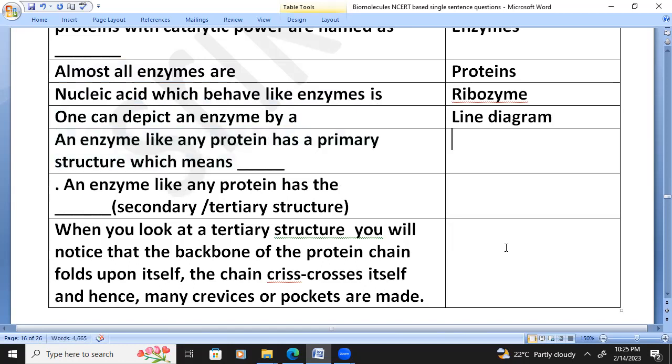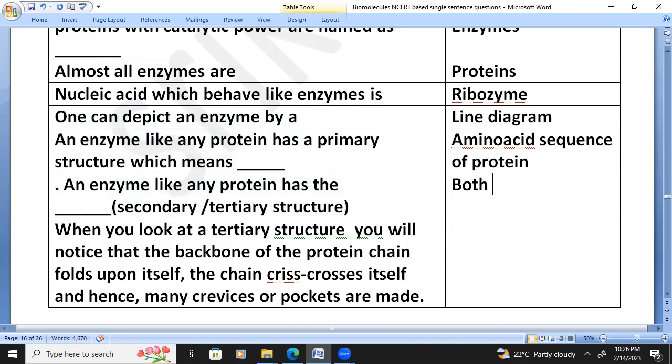An enzyme, like any other protein, has a primary structure, which means the amino acid sequence of the protein. An enzyme, like any protein, has both secondary structure as well as tertiary structure.